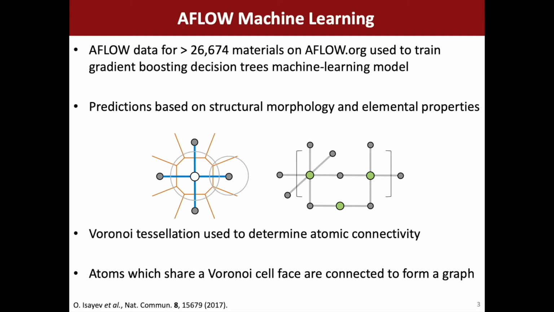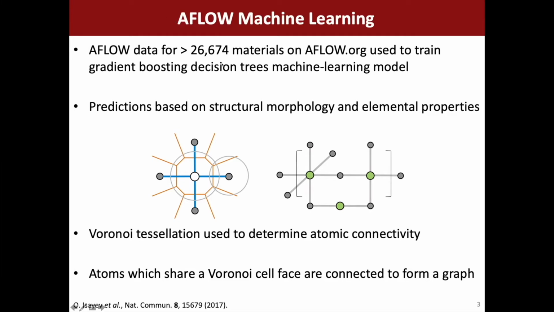This is because those entries tend to have more properties calculated, particularly electronic properties and thermomechanical properties, things like bulk modulus, shear modulus, and so on. This is why we had 26,000 materials. This is the number of unique materials we had at this time, and this is what we used to train the electronic bandgap part. For the mechanical properties or elastic properties, we had about 3,000 materials in the database at the time with these properties.